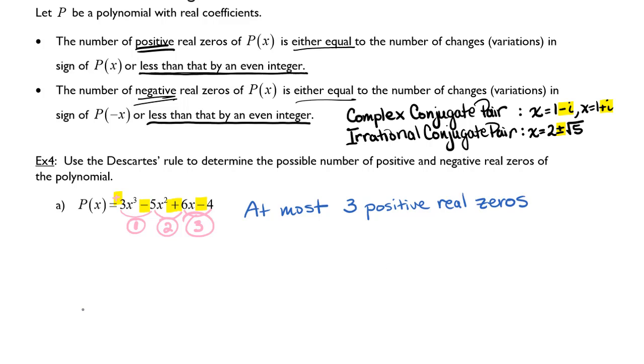And since the degree is 3, that's convenient because that's as many real zeros as you could possibly have. And it is either that or less than that by an even integer. So the other option would be 1 positive real zero.